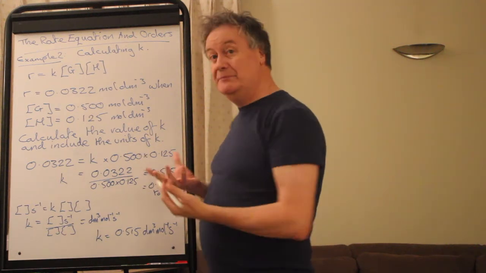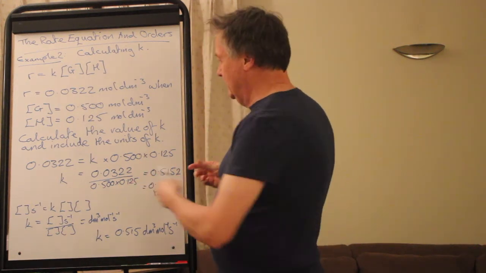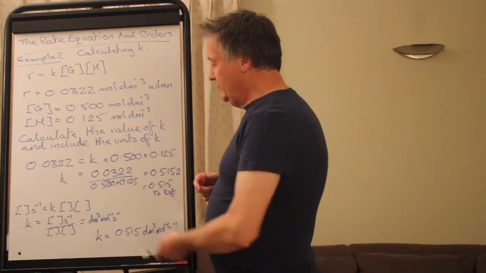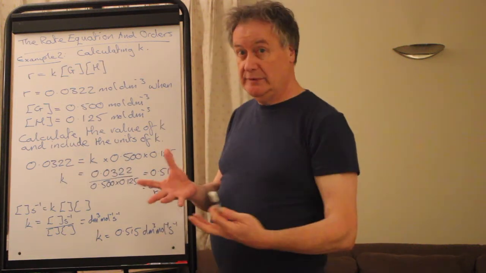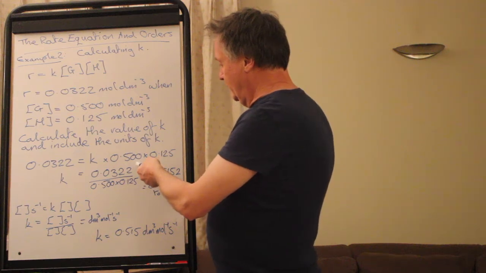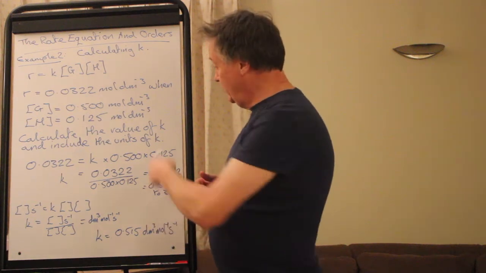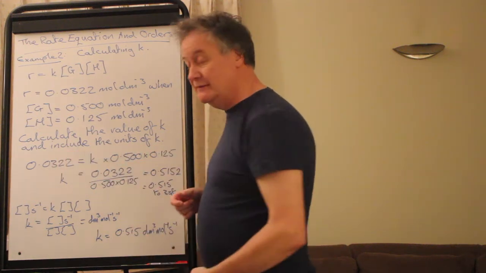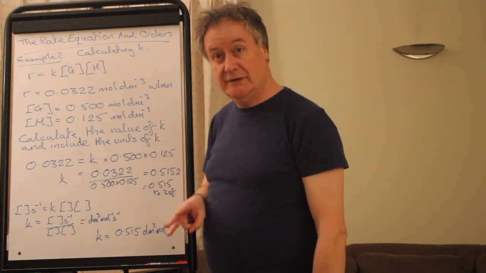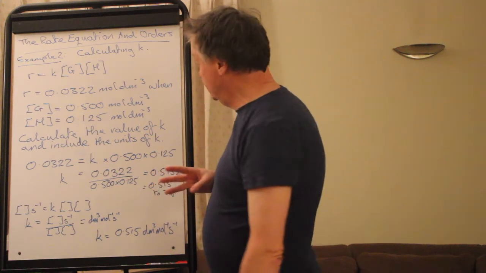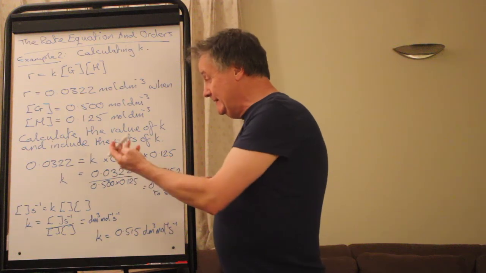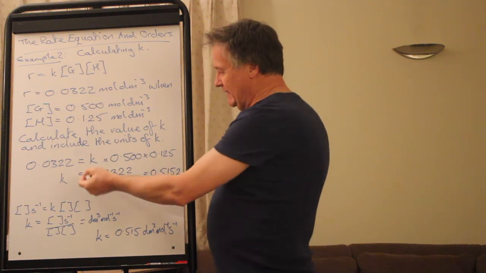So it's simply a mathematical thing. The rate is 0.0322, K is what we're trying to find out, then 0.5 and 0.125, both to 3 significant figures. So our answer must be 3 significant figures, because nothing can be more accurate than your data was at the beginning. So you rearrange that.